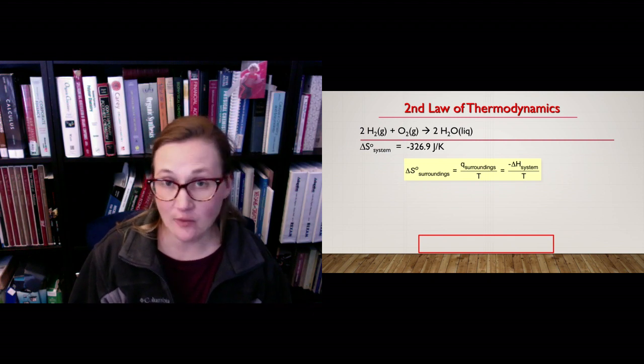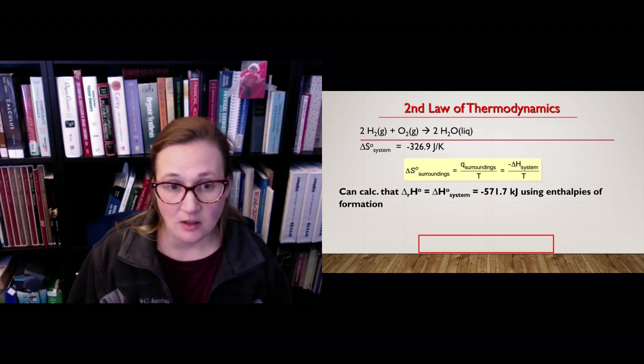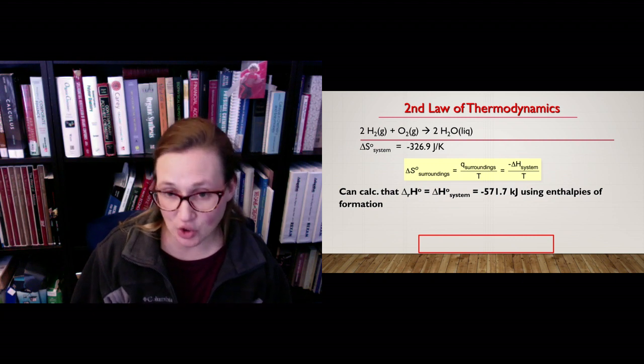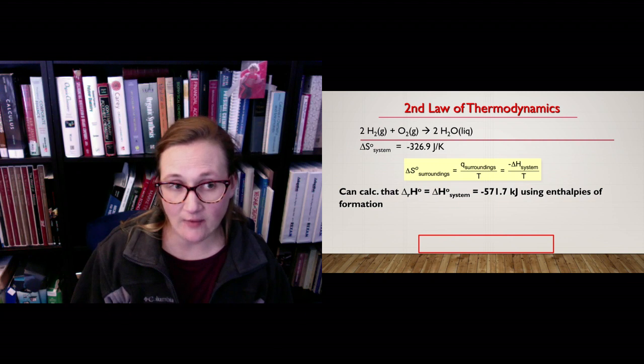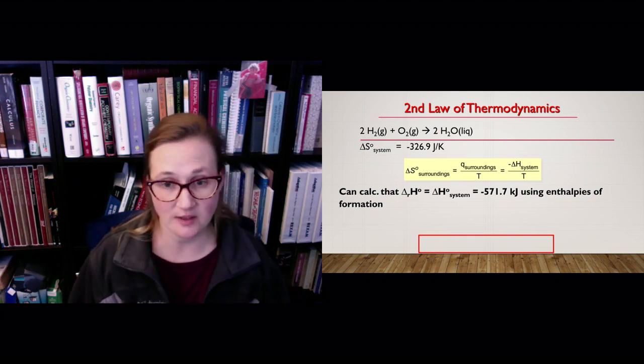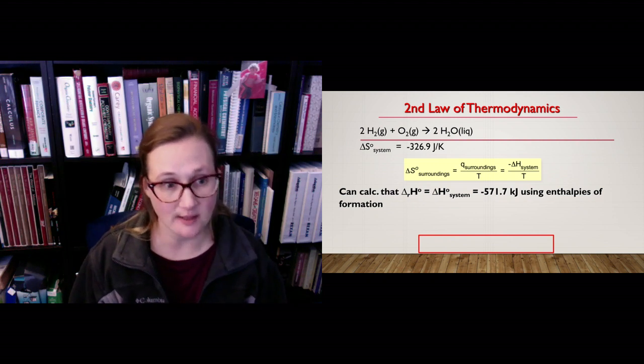Again, we can use those enthalpies of formation to find out what is the enthalpy of the system. So when we do that calculation, we find that we have minus 571.7 kilojoules. Here we have entropy of the system in joules, and we have enthalpy of the system in kilojoules, so we have to convert to make our units consistent.